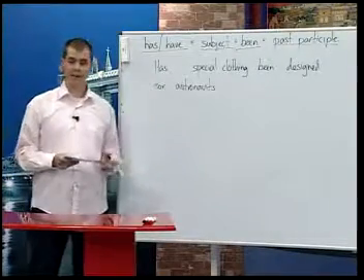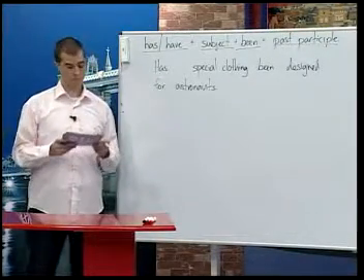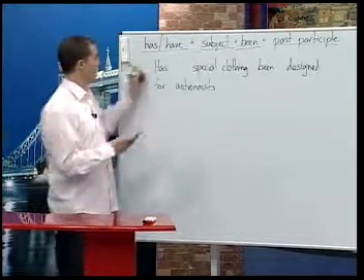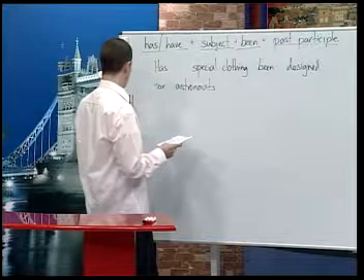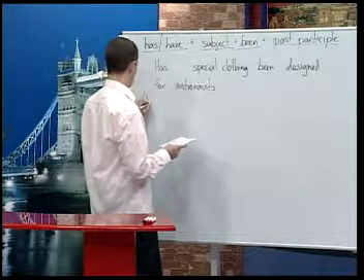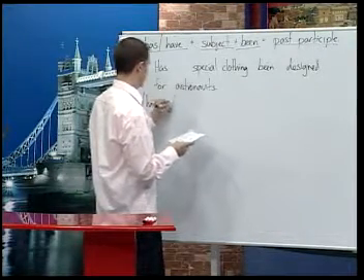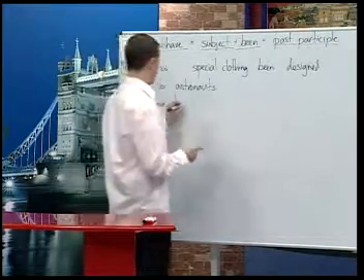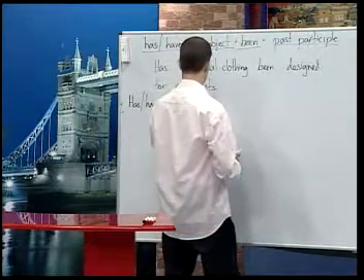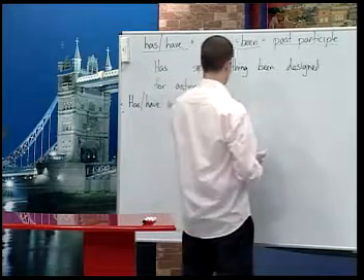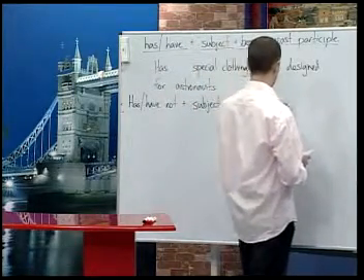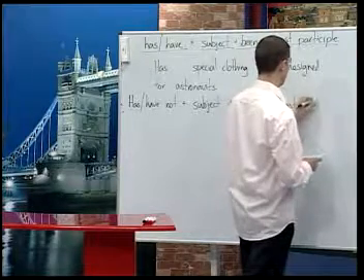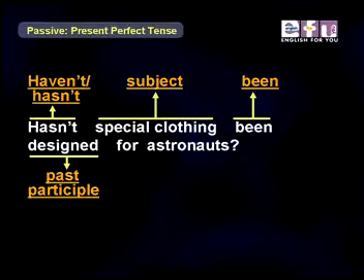And to form a negative yes/no question, we just use has or have not. So has or have not plus subject plus been plus past participle. Okay, hasn't.